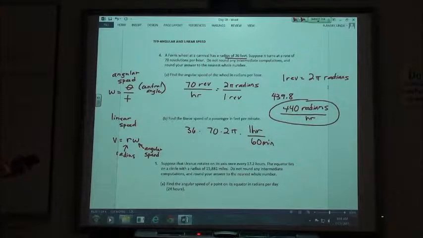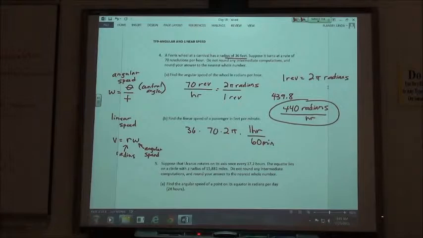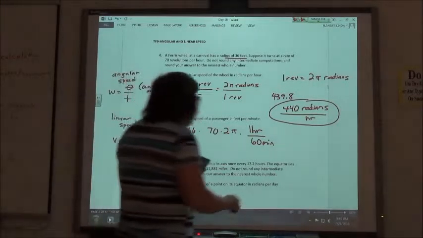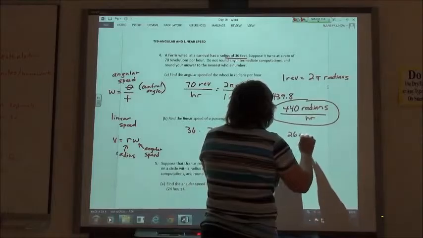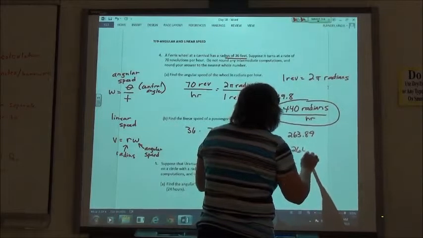And so I'm going to take 36 times 70 times 2 pi. I'm going to hit equals there, and then I'm going to divide it by 60. And I'm coming up with 263.89. So I'm going to round that off to 264.